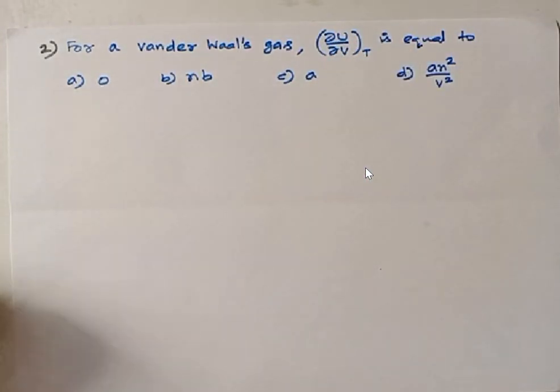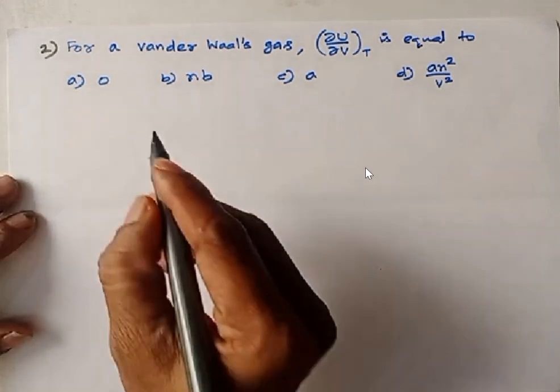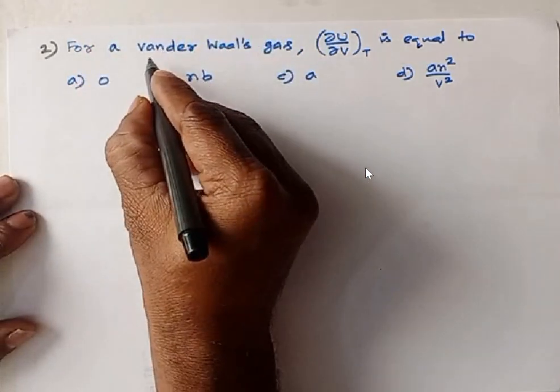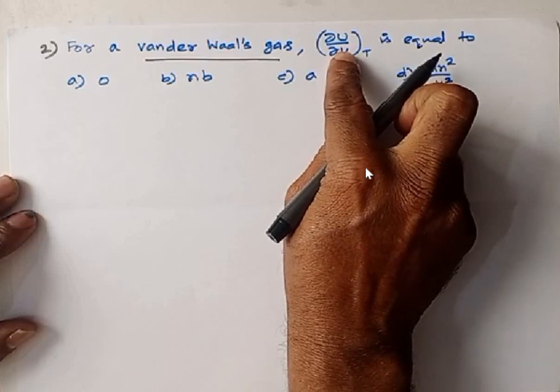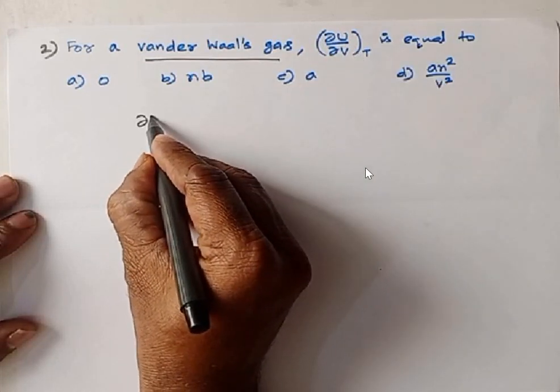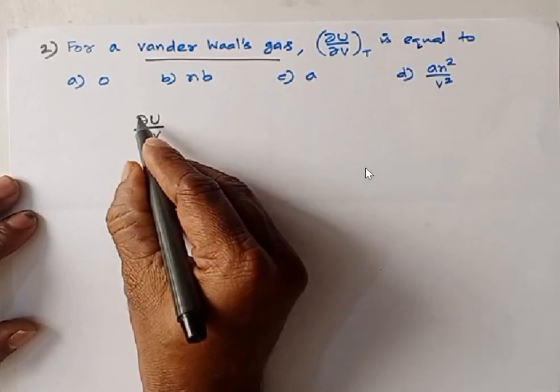Okay, right. For van der Waals gas, before going to see van der Waals gas, let me give you the general formula for dou U by dou V at constant temperature.